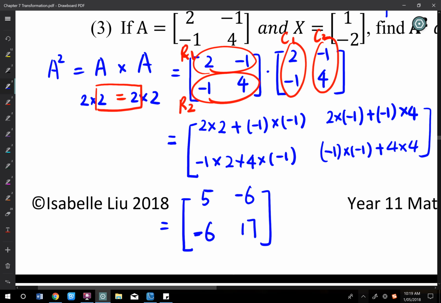Do the same operation, it doesn't matter whether they're the same matrix or not. I multiply them and I get 5, negative 6, negative 6, and 17.